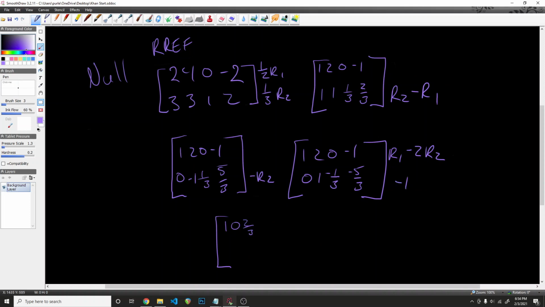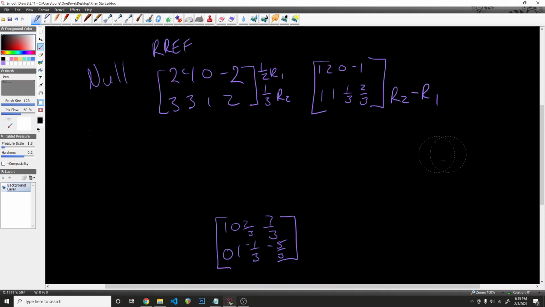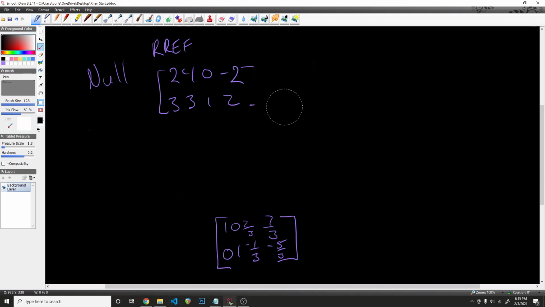So here we'll have -1 plus 10 over 3, and that should be 7 over 3. And then finally we can come back here, 0, 1, -1 over 3, and -5 over 3. Probably not the most elegant way to do it. So that is our row reduced echelon form. You can also use a calculator and generate it a lot quicker. But let me just rewrite it here: 1, 0, 2 over 3.